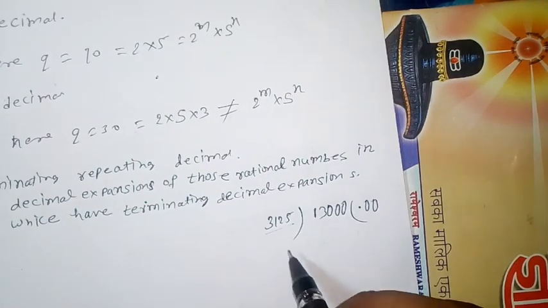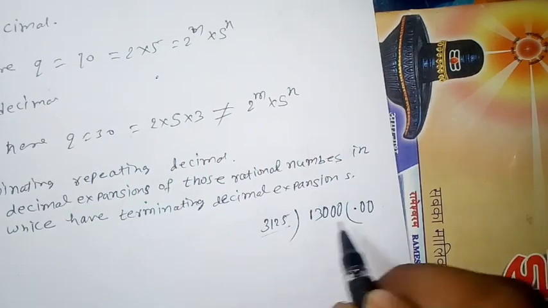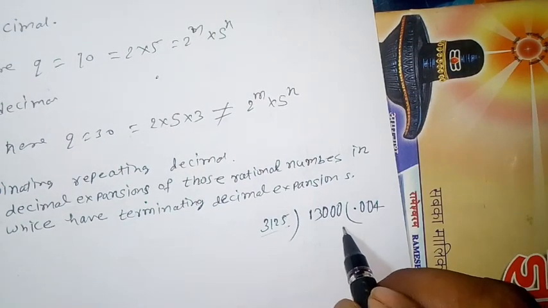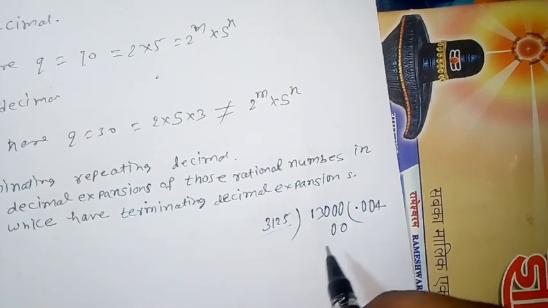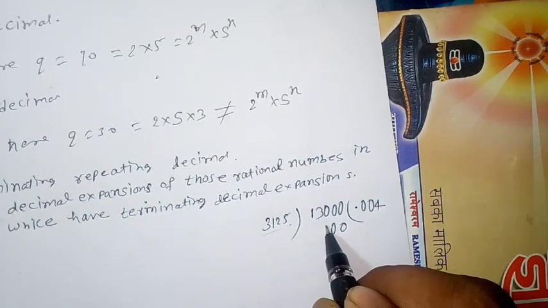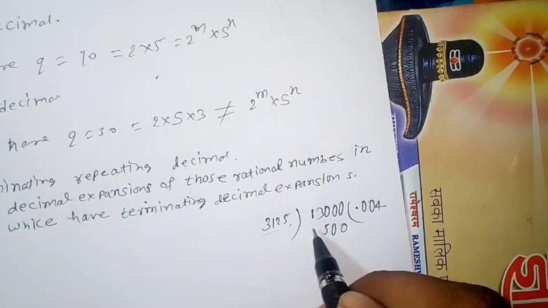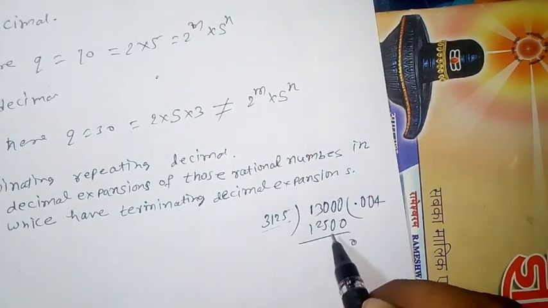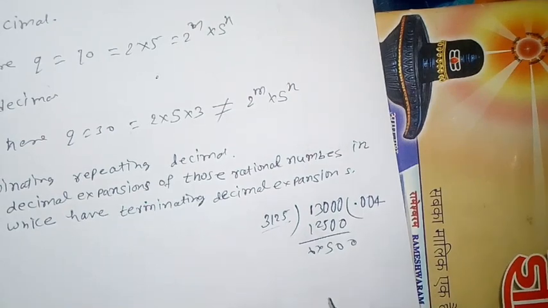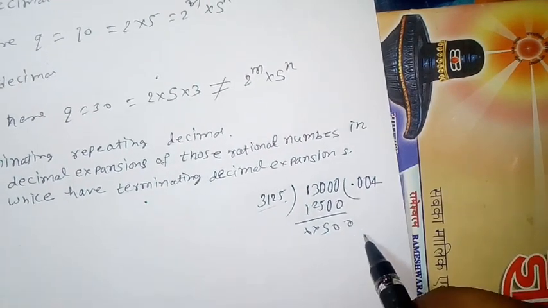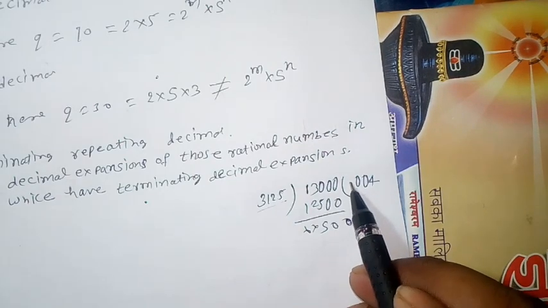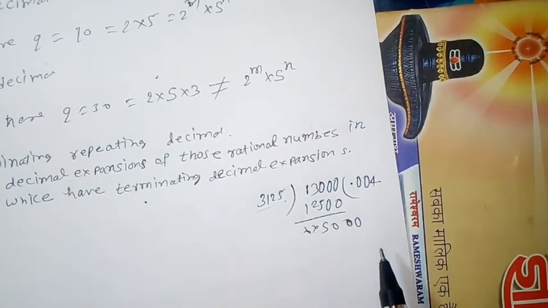Now 3 fours are 12, so in 4 times, 12005. Again I put 0 here, because we are putting a decimal, so at each and every step 0 is coming.